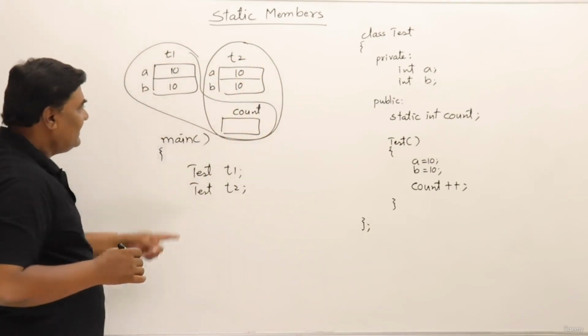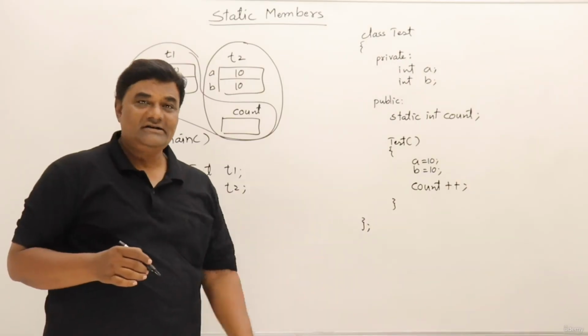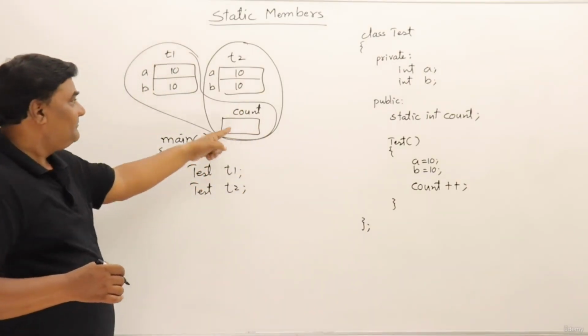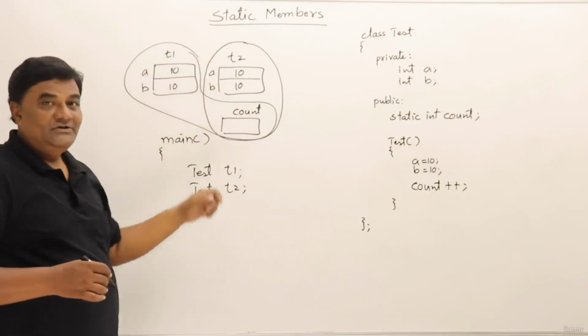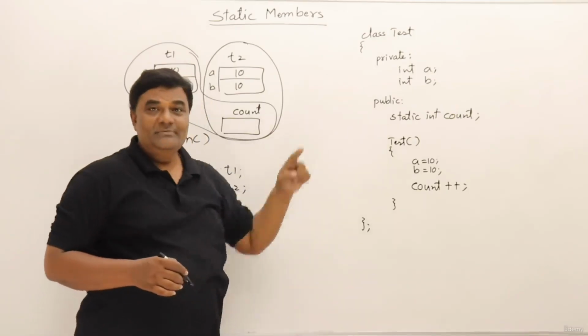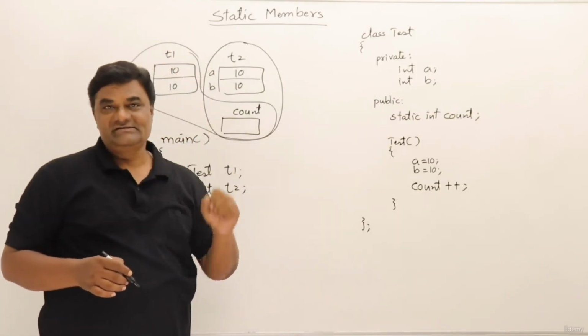So how much memory is allocated for count? Only one time memory is allocated, and that is shared by both objects T1 and T2. Both of them will use the same count. When you make a variable static, it will occupy memory only once.